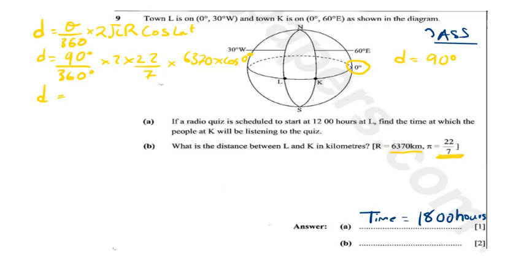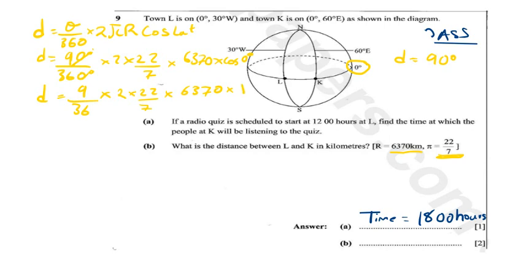And then you say distance will be equal to, now here is where you just start reducing the numbers. So 0 and 0 can cancel. You're going to remain with 9 over 36 multiplied by 2 multiplied by 22 over 7 multiplied by 6370, multiplied by cos 0. You have to remember that cos 0 is always equal to 1.